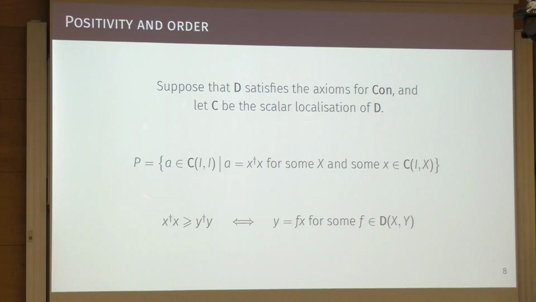Now, of course, you might wonder, well, okay, there could be multiple vectors that represent the same positive scalar. So there's something you have to do here to show that this partial order is well defined. And to do that, you really need to delve into the axioms, which I didn't tell you about. But if you're interested, you can look at the preprint, it's all worked out there.